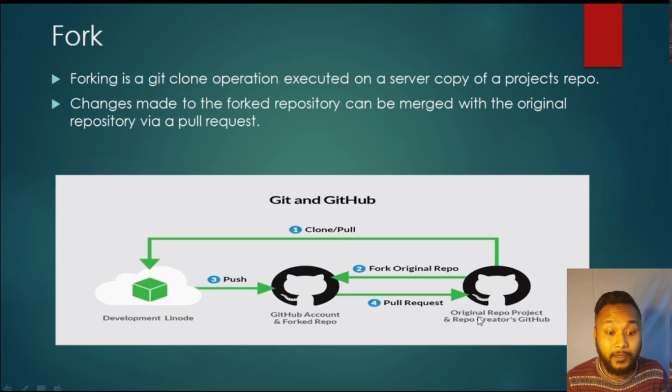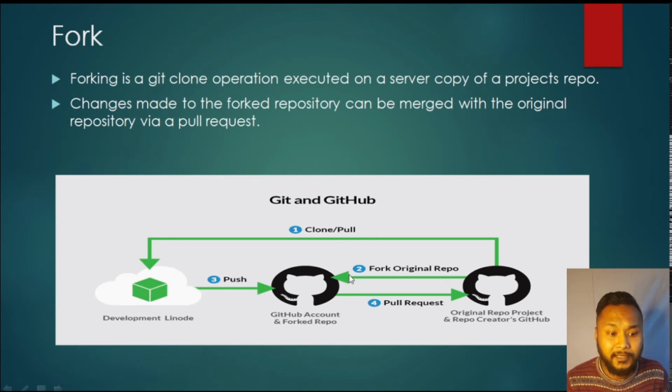Here you have the original creator's GitHub account, and he or she has his or her work, and then you need to pull or clone it to your local repository, where you'll be making certain changes to the code. And once you make the changes to the code, you push it to your GitHub account.